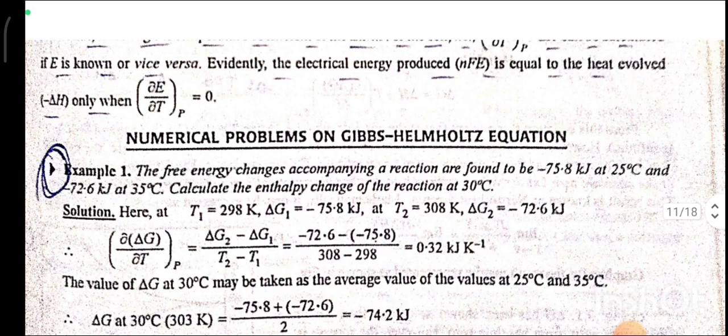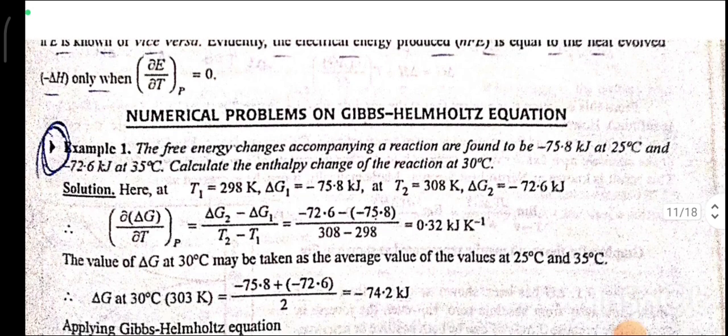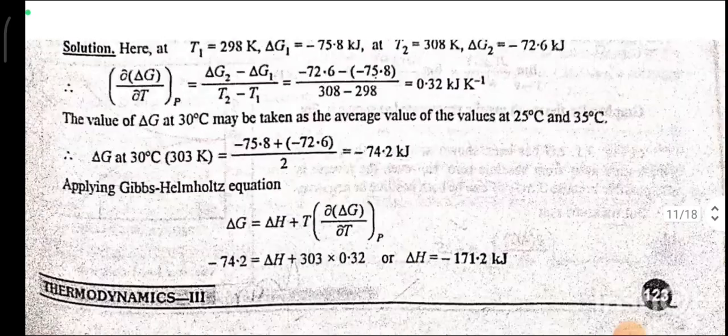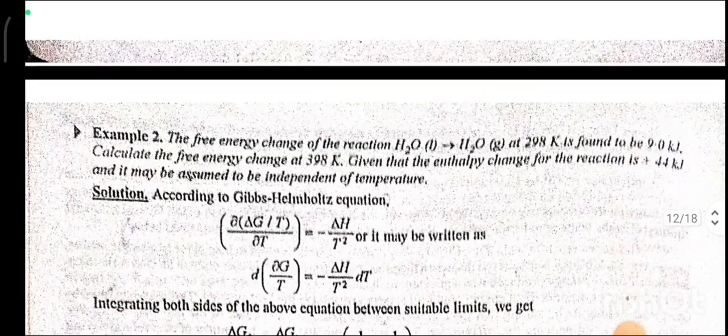Evidently, the electrical energy produced is equal to the heat evolved, -ΔH, only when ∂E/∂T at constant P is equal to 0.